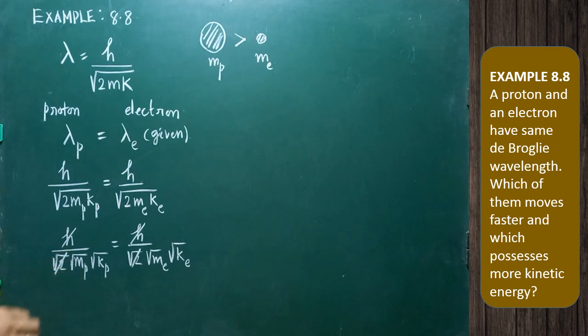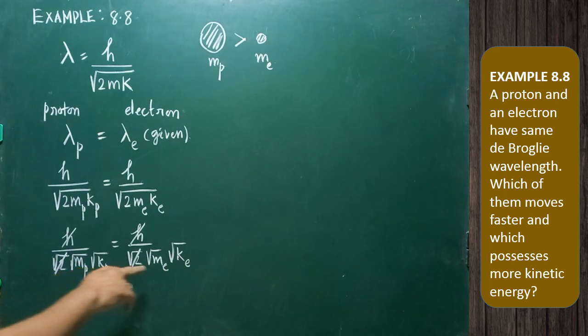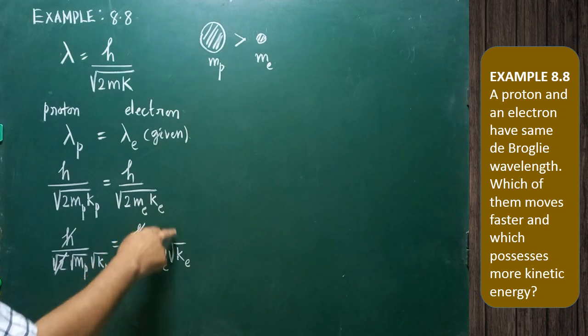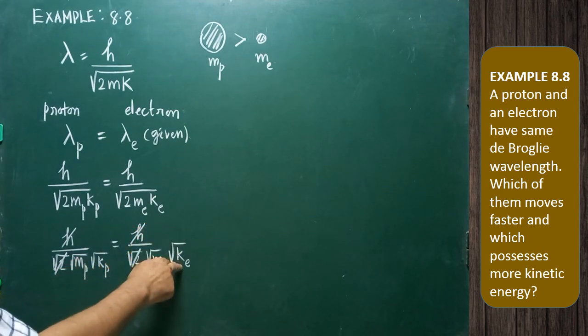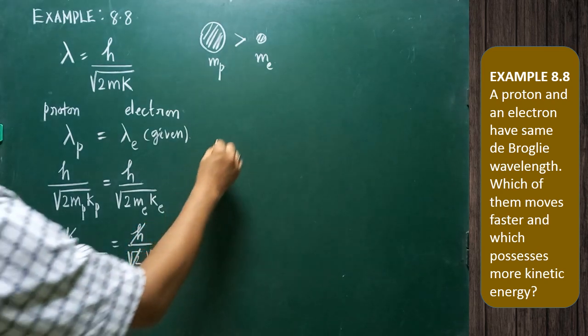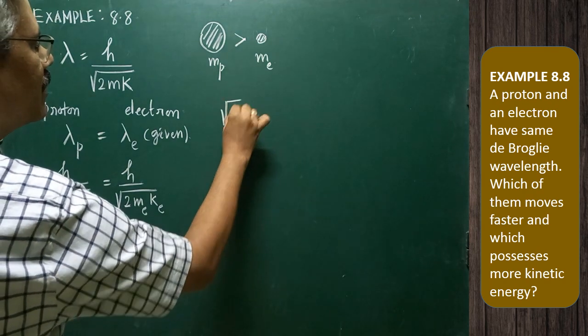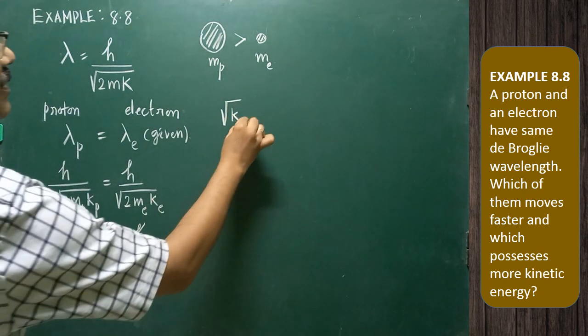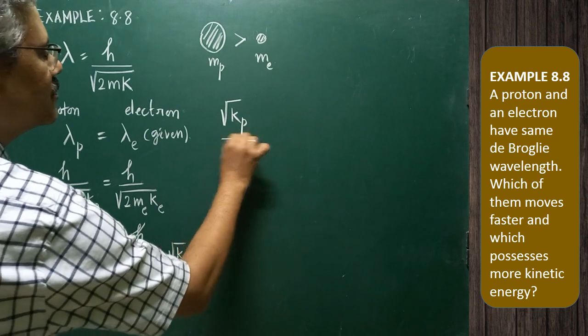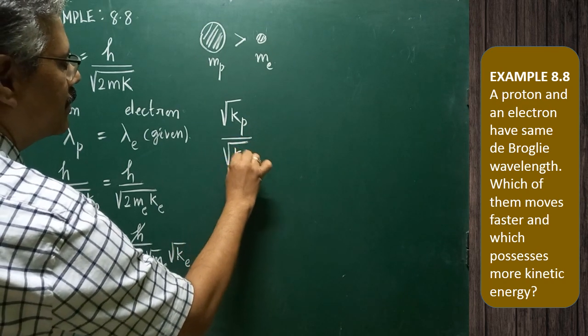Now we have to cross multiply. As given in the textbook, Kp can be brought here, and Ke will be down. So we can write square root of Kp divided by square root of Ke.